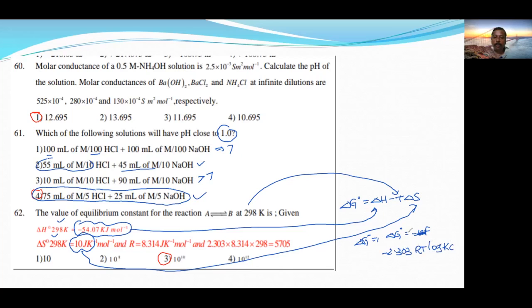So to avoid the calculation, they have already given 2.303 into RT, so you can substitute directly 5.5705. From here you will get delta G value, then you can find out the antilog of that. So the answer will be 10 to the power of 10. See, for any calculation mistakes if I have made, you can correct me. Take a screenshot. Let's move on to the next page.